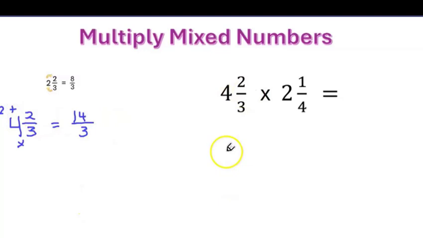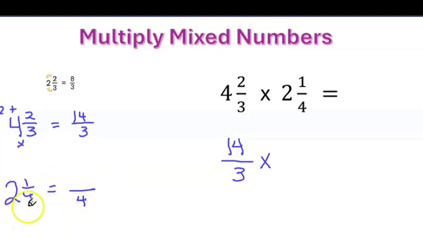So 4 2/3 is 14 over 3. Now I have to convert 2 and 1/4. I know my denominator will be 4. 4 times 2 is 8, plus the 1 gives me 9. So times 9/4.